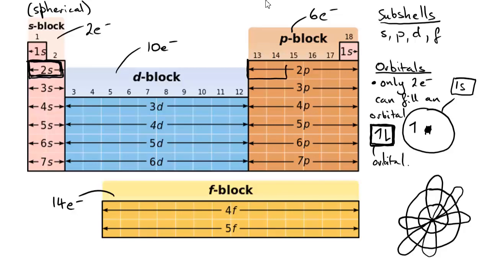So that's 1 orbital there. This is another orbital here, because that's a maximum of 2 electrons, and this is a 3rd orbital here. Okay, so this is one orbital.